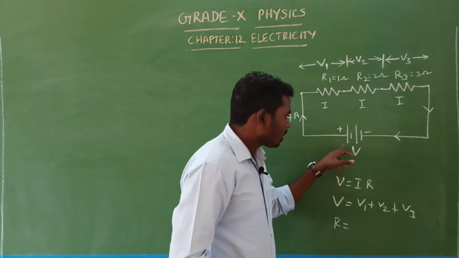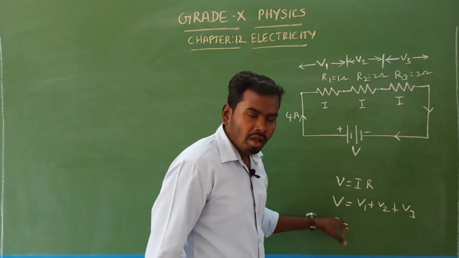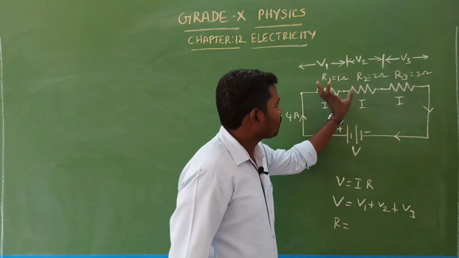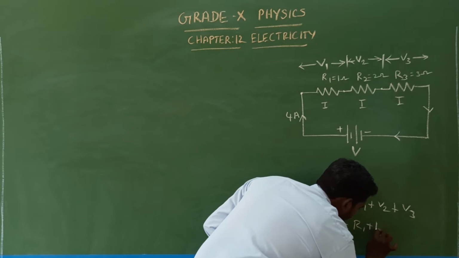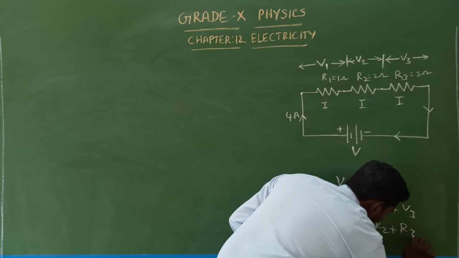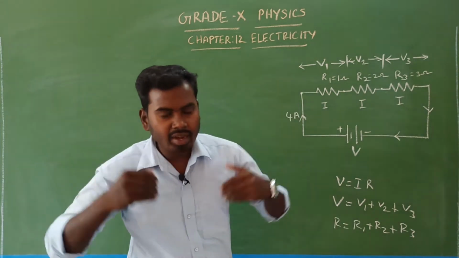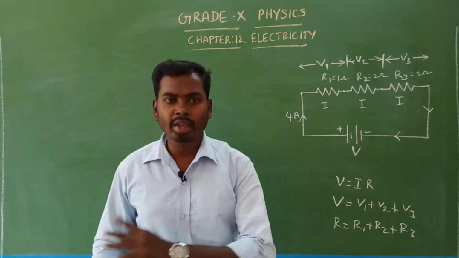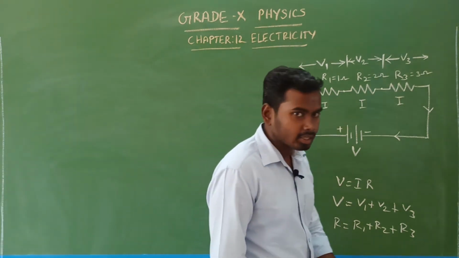The total resistance in series combination is equal to the sum of individual resistances, which means R1 plus R2 plus R3. So if we add all the resistor values, we can get the total resistance value in series combination. Is it clear, students?